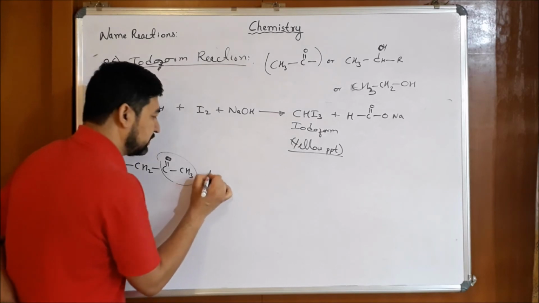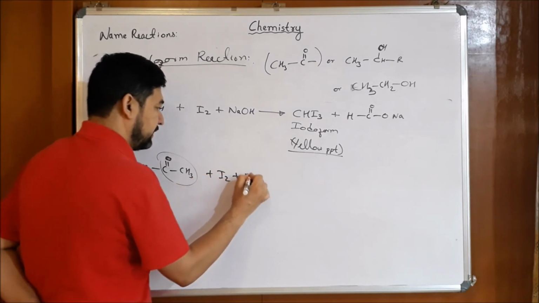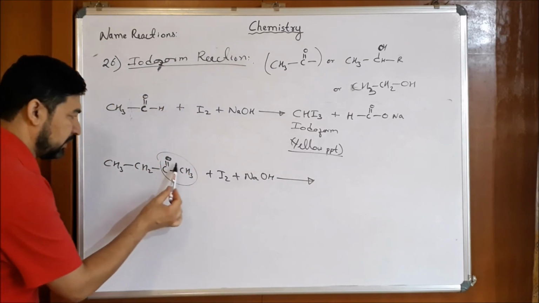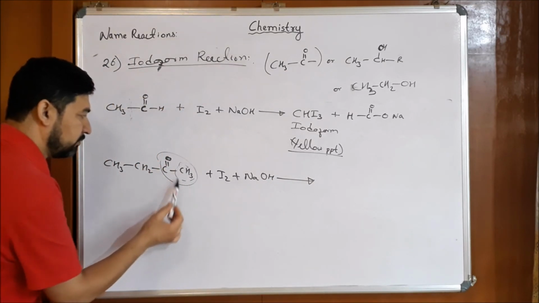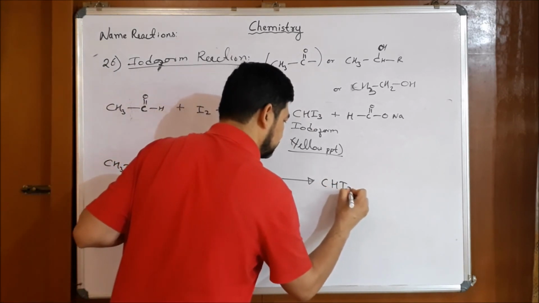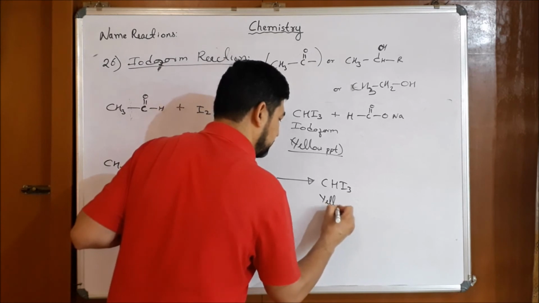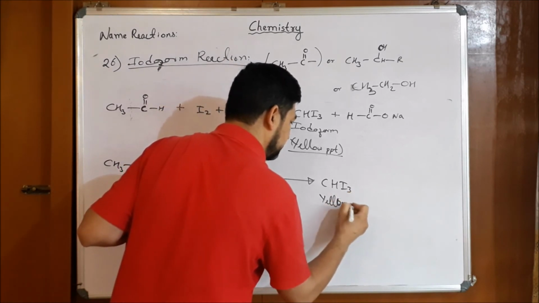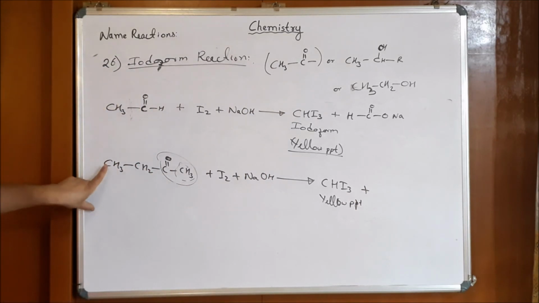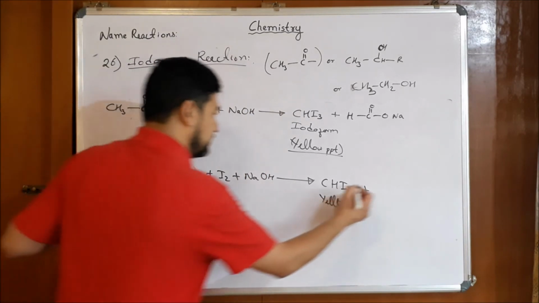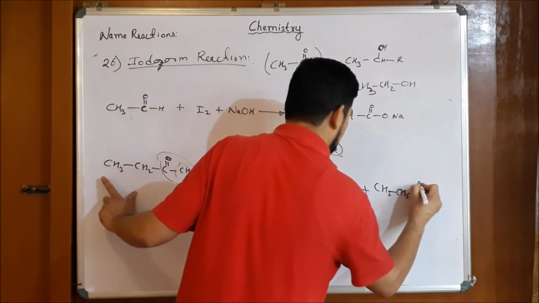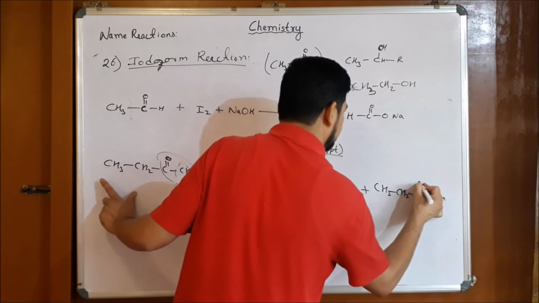When this reacts with iodine and NaOH, this will form your iodoform, CHI3, a yellow precipitate, plus the side product CH3CH2COONa.